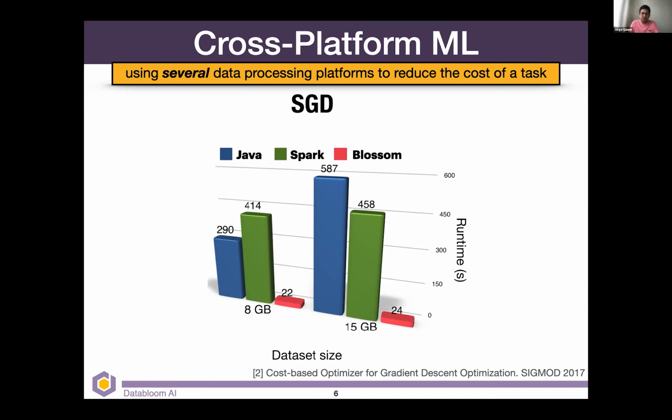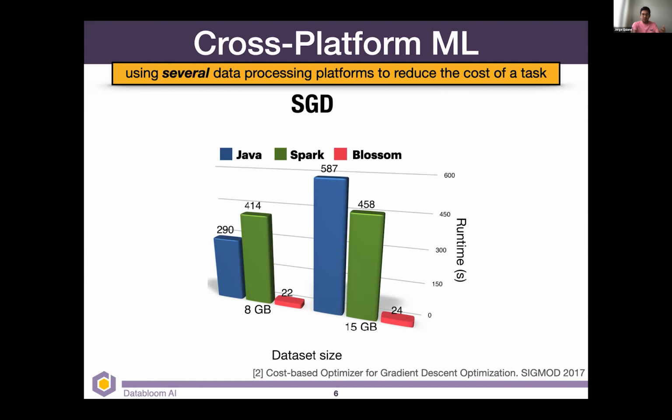Because this is very hard to spot. And that is where we're trying to help in Blossom, getting this performance, and the accuracy is basically quite similar to what you would get if you do it on a single system. We just run it until convergence.